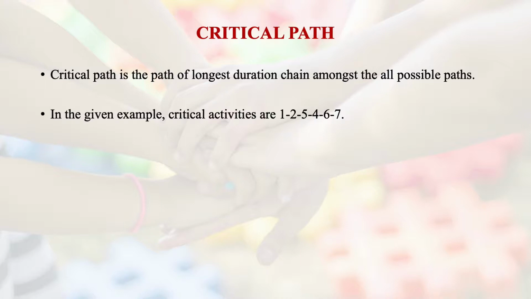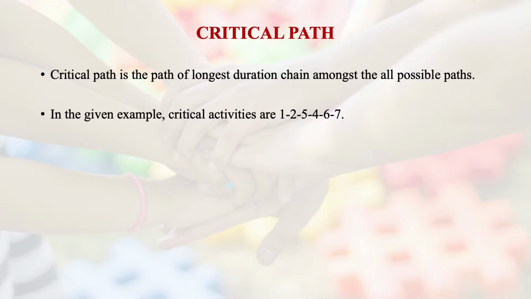So in the given example, how do we find this critical path? We find the critical path by finding critical activities, and the events on that path are called critical events.